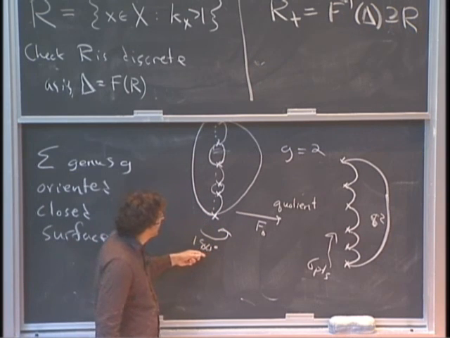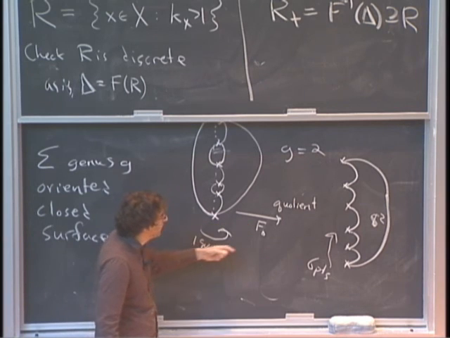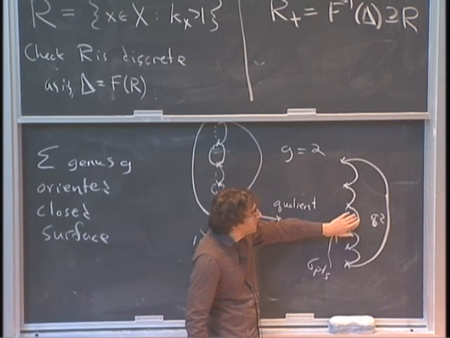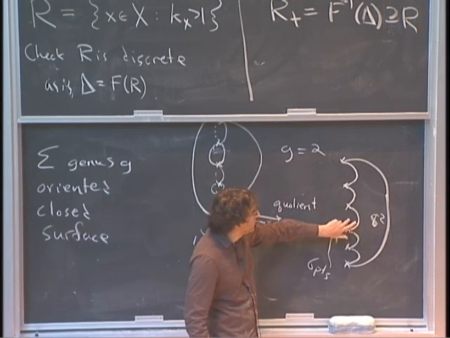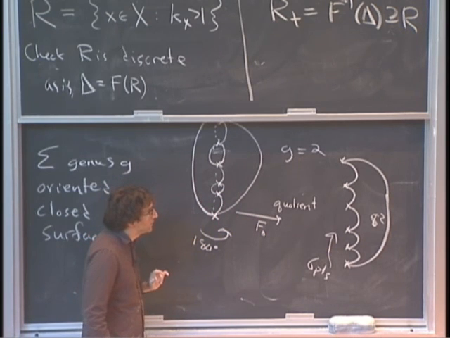And you should convince yourself that the deck transforms act transitively on the fibers. You take a preimage of a point, and you have 2 points, and the deck transforms interchange them. So that's to say it's a regular cover.